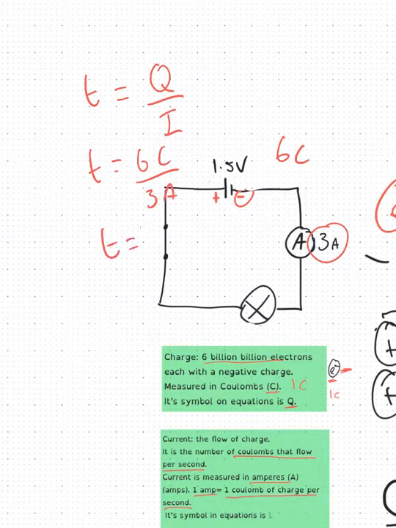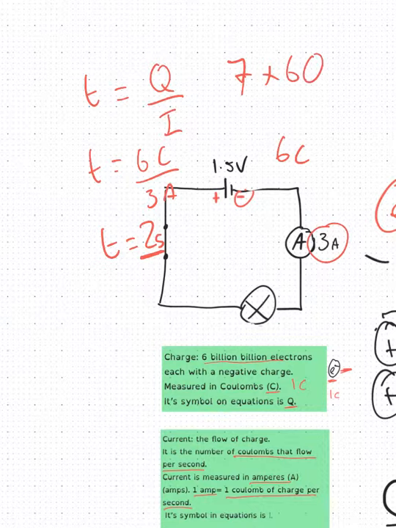So T would equal 2, which tells us it's 2 seconds. The important thing to remember is time is always measured in seconds. So wherever you get a question that asks you about minutes, remember that you need to multiply by 60 to get the number of seconds. So if you're asked about the time that flowed in 7 minutes, we need to do 7 times 60, which would be 420 seconds, which would then give you the correct answer. Well done.